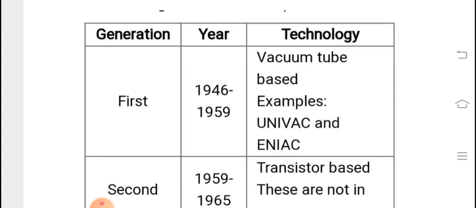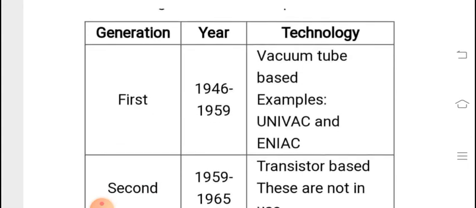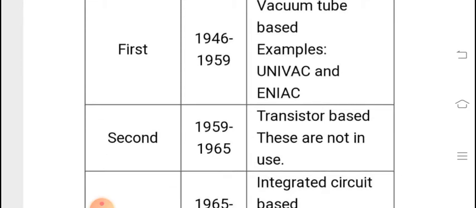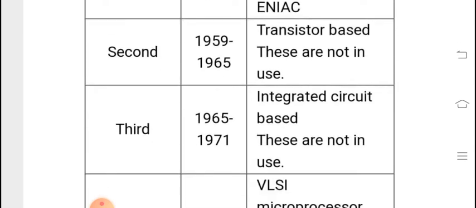First generation was 1946 to 1959. The technology was vacuum tube based. Examples: UNIVAC and ENIAC. Second was 1959 to 1965. Transistor based. These are not in use.